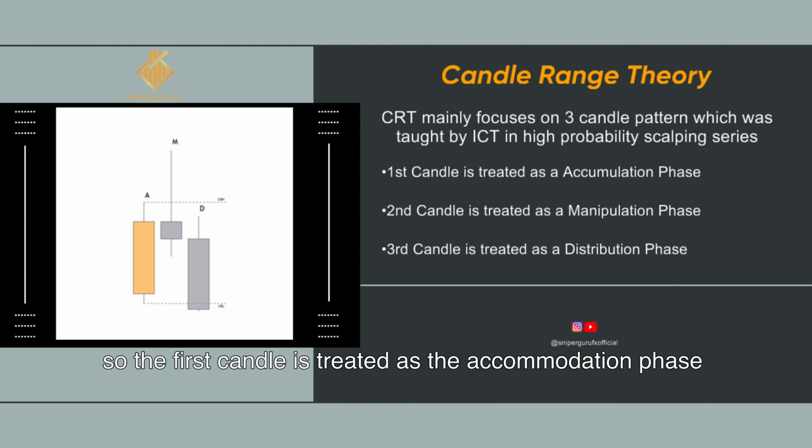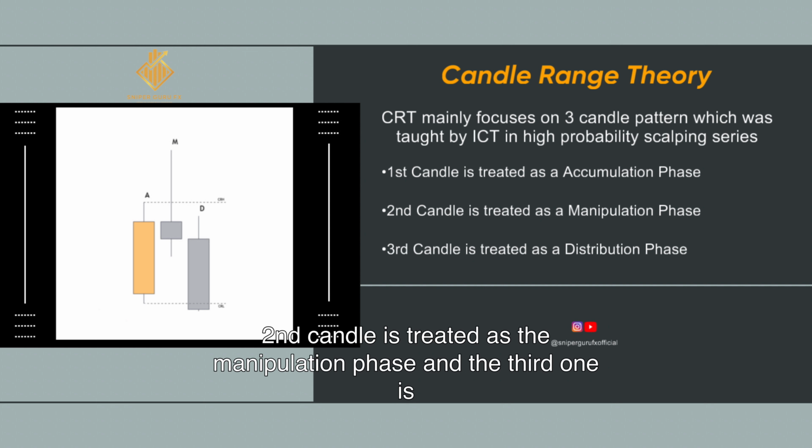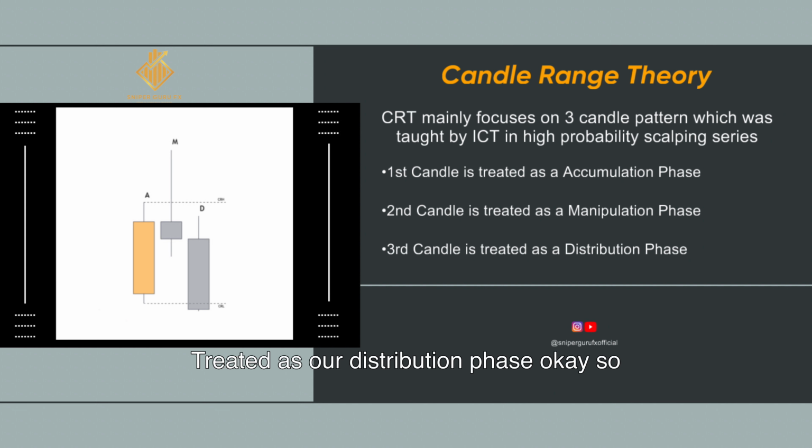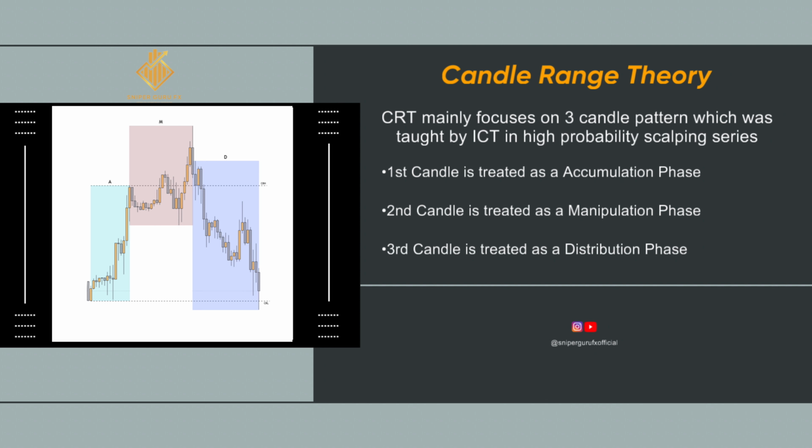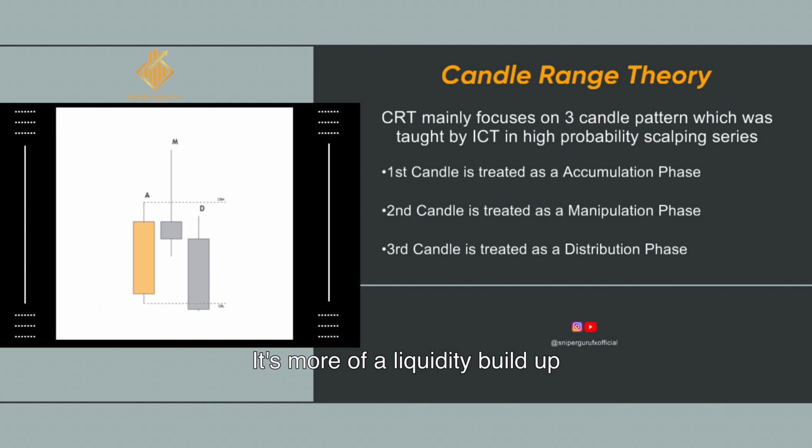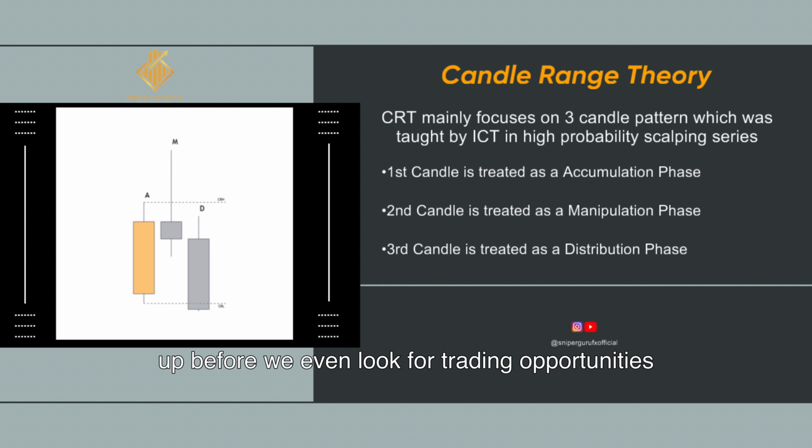The first candle is treated as the accumulation phase, the second candle as the manipulation phase, and the third one as our distribution phase. The accumulation phase is more of a liquidity buildup.